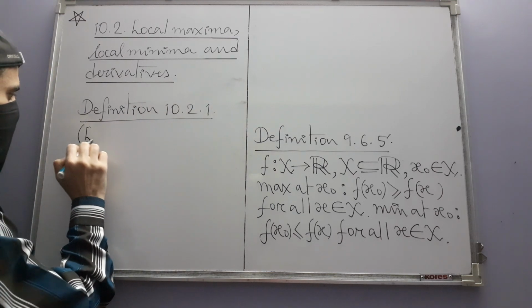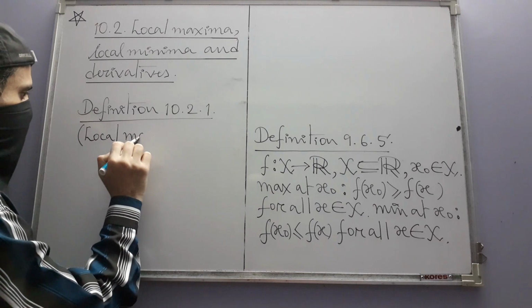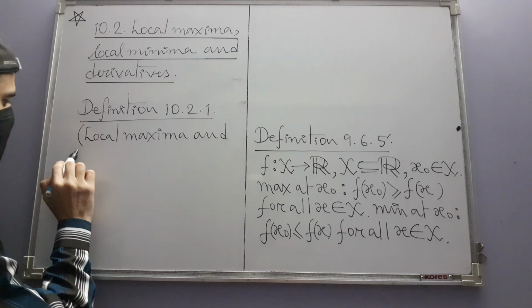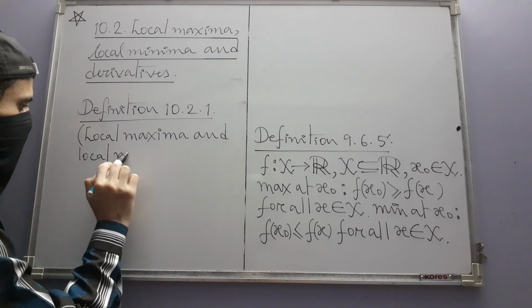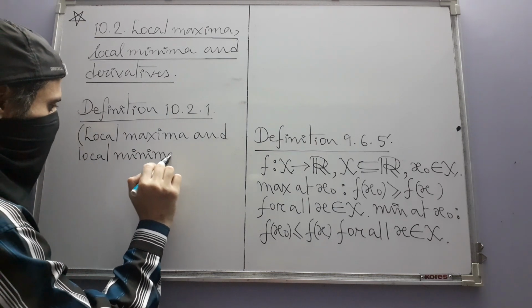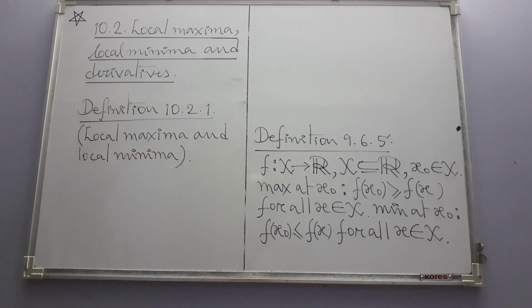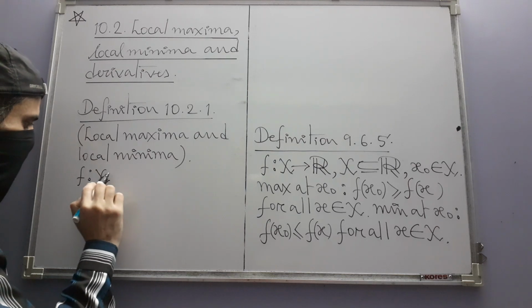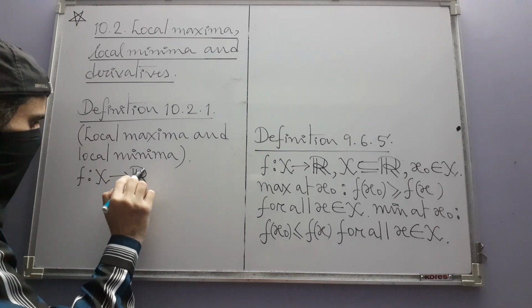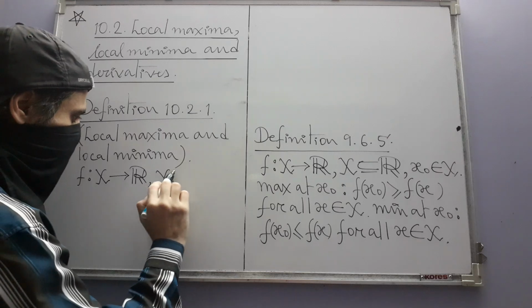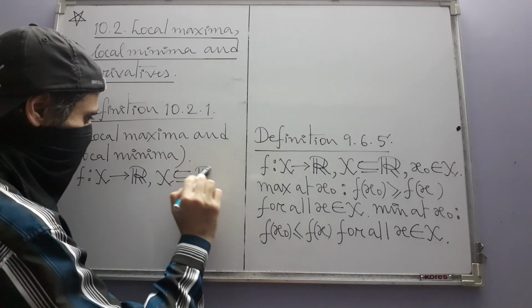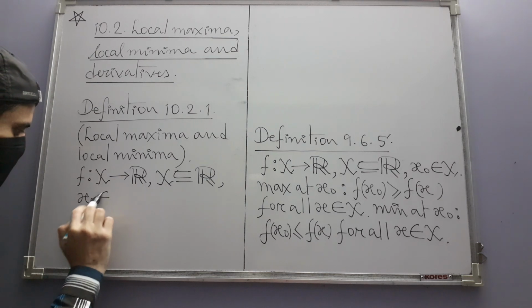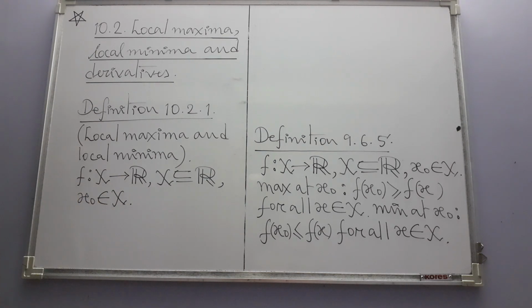So this is the definition of local maxima and local minima. And the beginning is saying we still have a function, a real valued function whose domain is again a set of real numbers, and we have a point x naught in the domain.